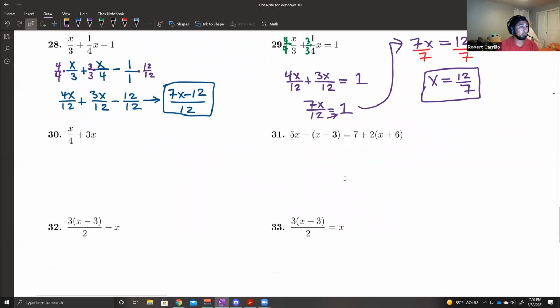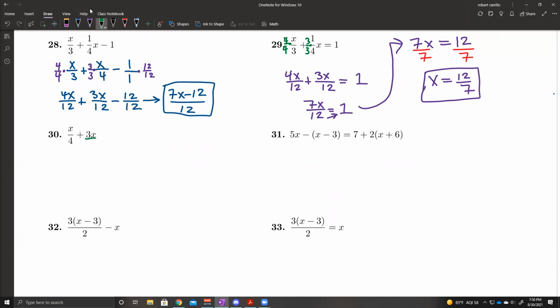All right, 30. X over 4 plus 3x. Once again, there's no equal sign. So this is an expression. And if we want to put these two together, once again, we're going to need what type of denominator? Common. Put this 3x over 1, and what's my common denominator between 4 and 1? 4.